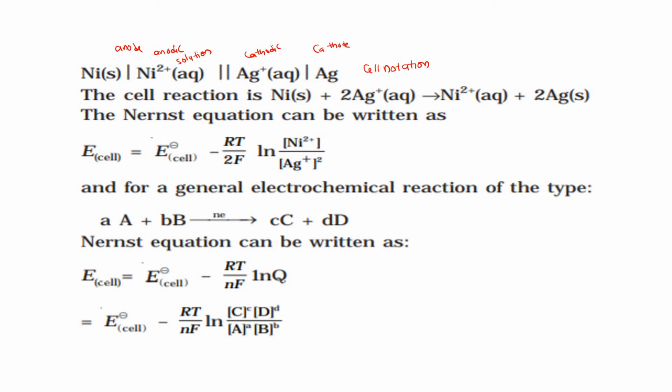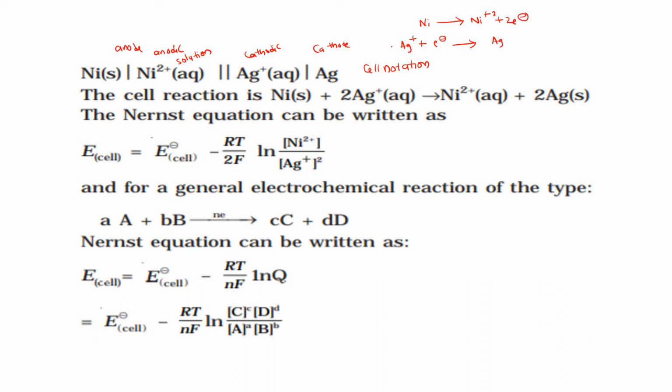Now I am writing first of all the cell reactions here. Given, but anyhow I am writing here. Nickel undergoes oxidation giving nickel plus 2 and 2 electrons. Next Ag plus taking only 1 electron converting into Ag, but here 2 electrons, here only 1 electron.